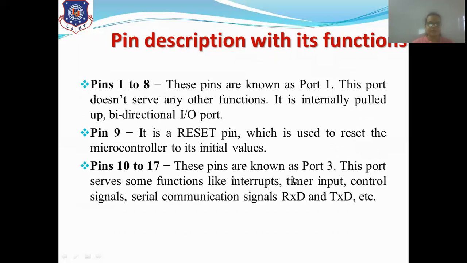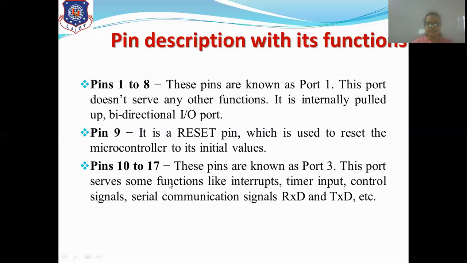Then pins 10 to 17 are known as port 3. These ports serve some functions like interrupts, timer input, control signals, and serial communication like RxD and TxD. As we have seen in the diagram, from pin 10 to pin 17 it is port 3.0 to 3.7, and these work as input output ports, but also as alternate functions: interrupts, RxD and TxD pins for serial communication, T0 and T1 for timers, and control signals, that is write bar and read bar.